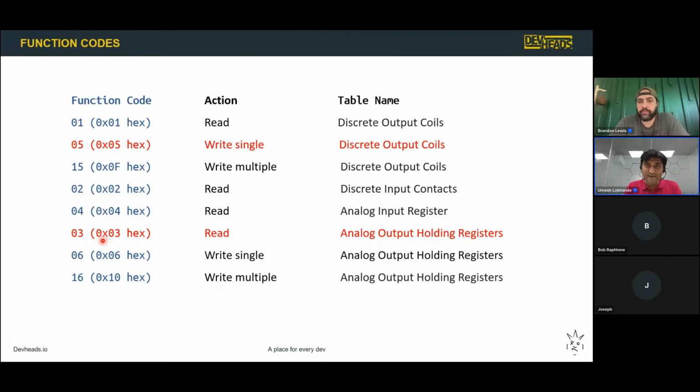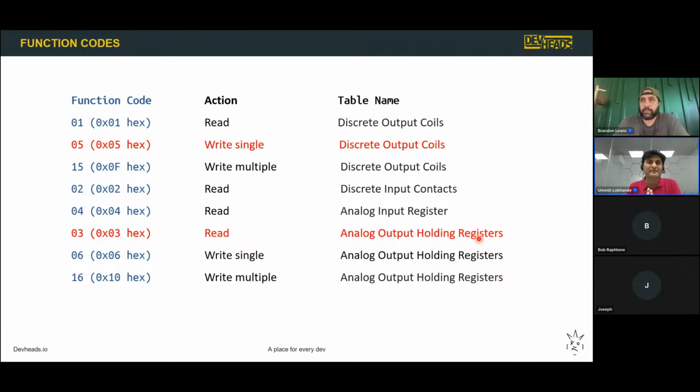Now to read data from the Modbus TCP device, we will use function code 3. Look at function code 3. What it does is allow us to read the data from the holding register. So when we use function code 3, we read the data from the holding register, and in this holding register we have stored the hello world string. That is how we will be reading the data.